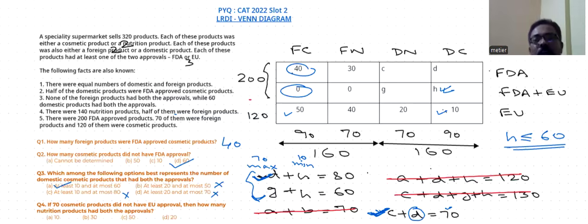Now, very simple thing: this cross-check is not required for this particular question. But if the question had two such options where maximum 60 is there but the minimum value of H differs, we would have to eliminate one of the options. So while you are learning, it is better to cross-check that the minimum value of H is 10.